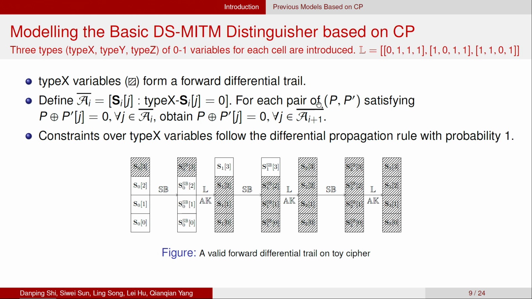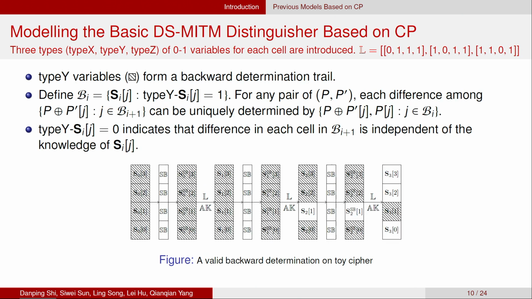For each P and P prime, if their difference at positions among A bar i equals 0, then their difference at positions among A bar i plus 1 should be 0. Informally, the type X follows the differential propagation rule with probability 1.